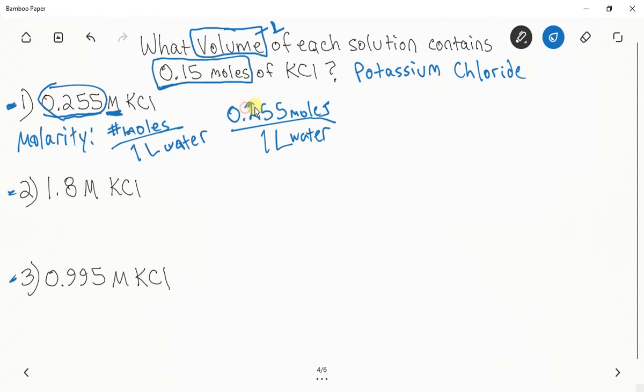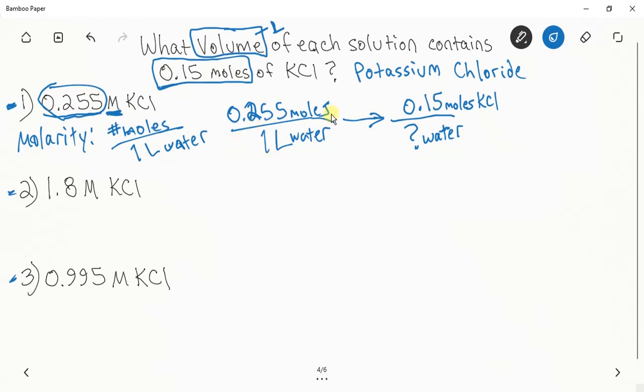So if we have 0.255 moles in 1 liter of water, but we need to find out what is the volume, how much water do we add if we only have 0.15 moles of potassium chloride? So how do we do that?